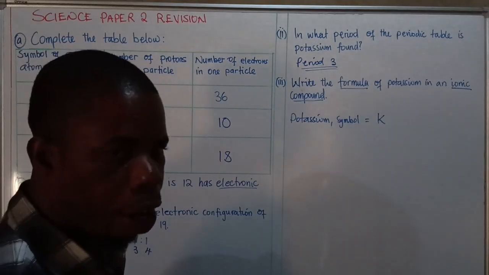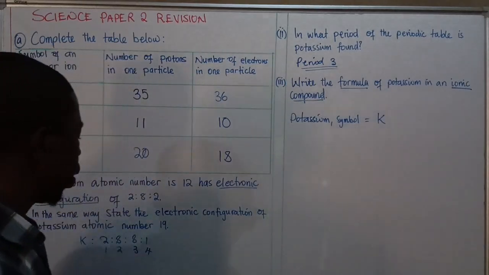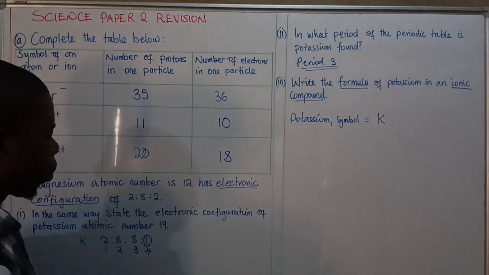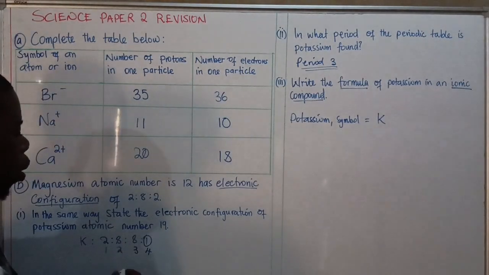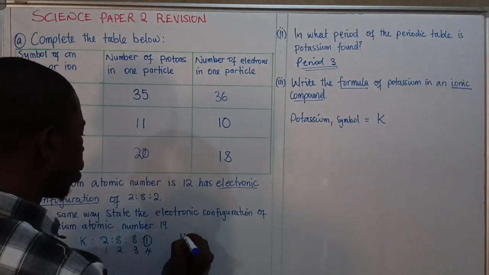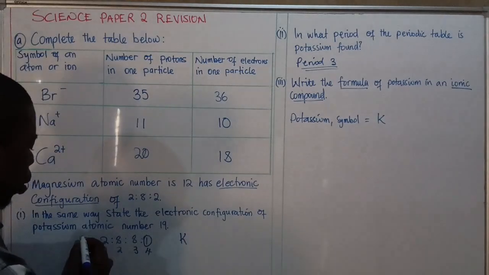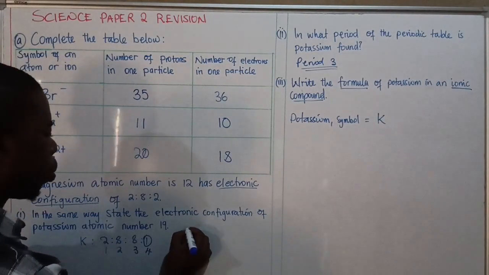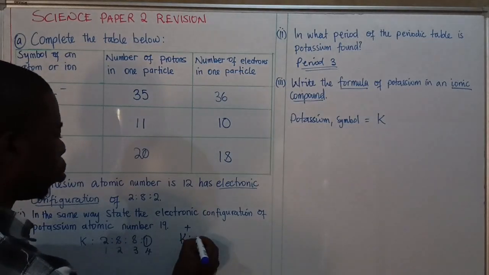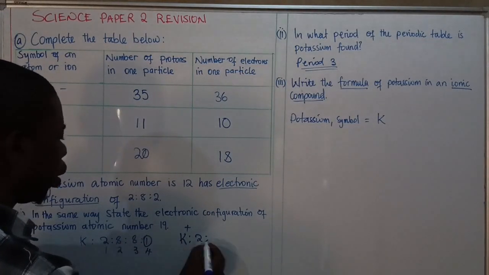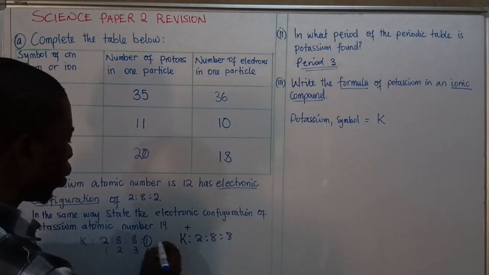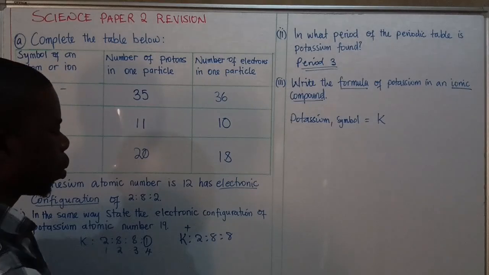Therefore, whenever potassium is reacting, it has to lose this electron here. If it loses an electron, the configuration changes. Since potassium loses one electron, here you put plus. Then here you write 2, 8, 8. This electron has been lost.